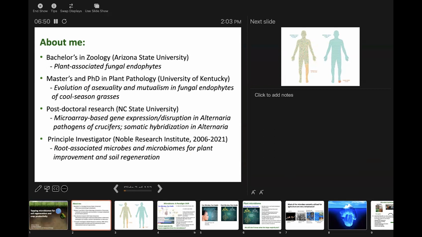I got my master's and PhD in plant pathology at the University of Kentucky. And this is when I started working with these fungi that grow inside of grasses. These are very, very important fungi because they produce defensive chemicals. Okay, so they grow in the above ground tissues and they produce what are called alkaloids.